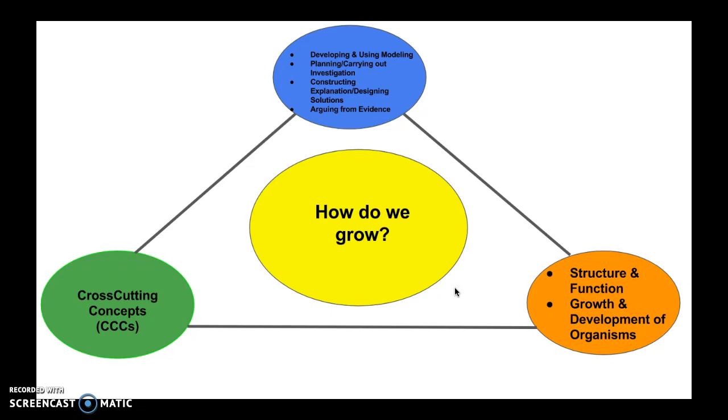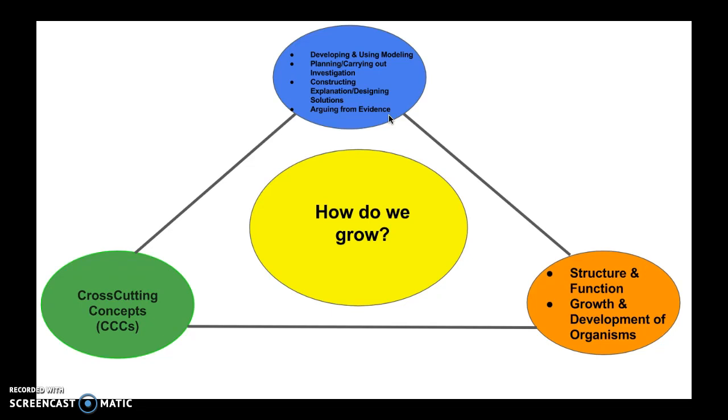Either way, at the end, they will have a number of different evidence that they can use to either revise their initial models or come up with a completely new final model. And the goal at the end will be to use this evidence and argue as to why this model is the most correct one and the most up-to-date one that they have.